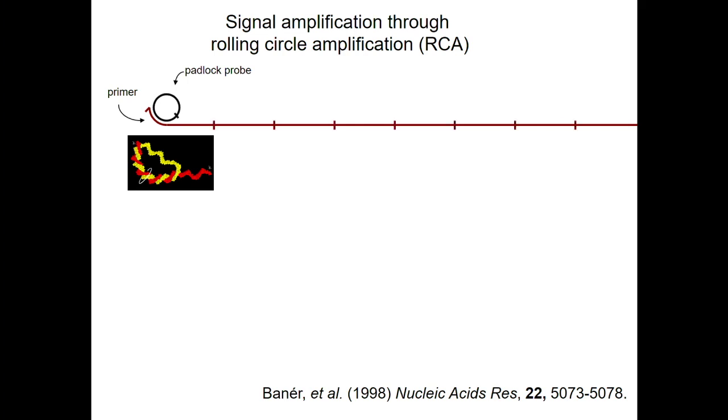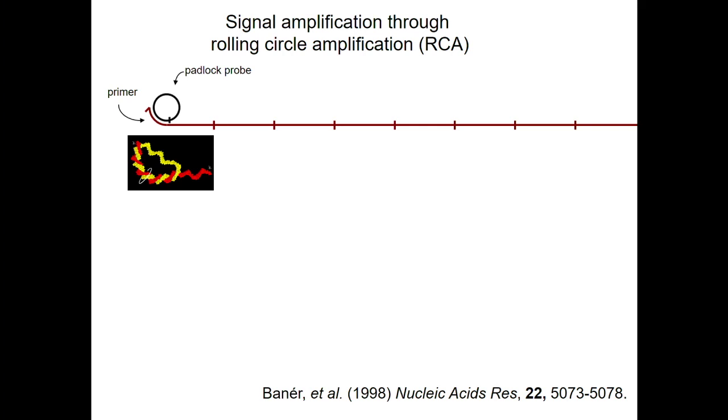And since this is an endless template for polymerization, this is going on in an endless polymerization reaction. It will eventually stop because of denaturation of the polymerase, but that happens after hours and thousands of copies of the DNA circle.